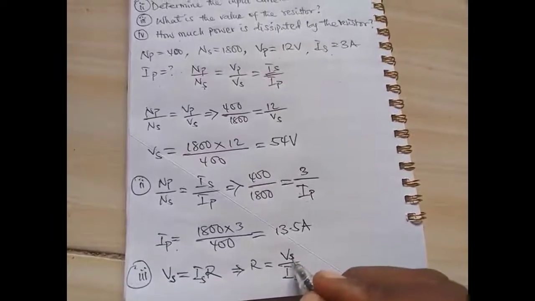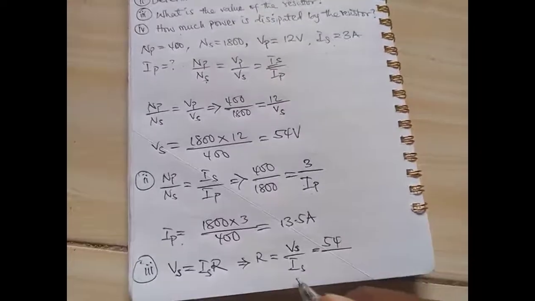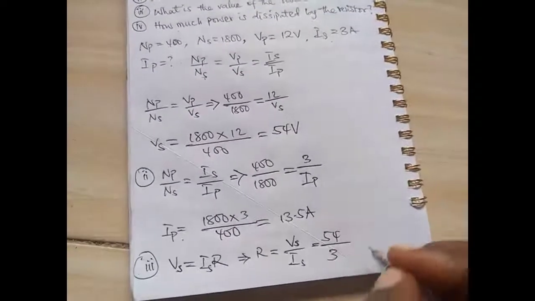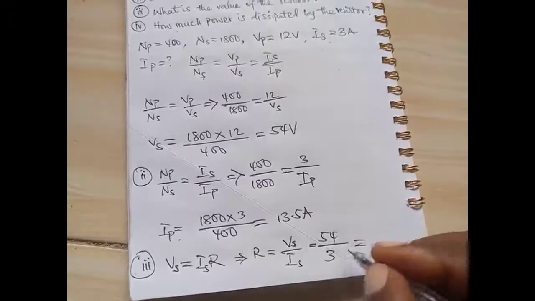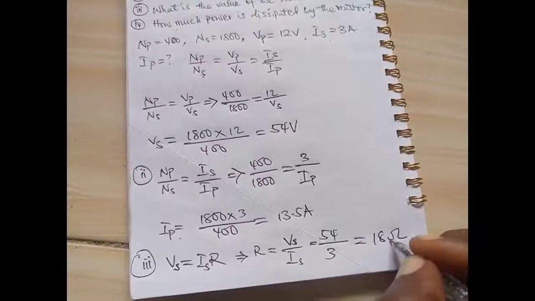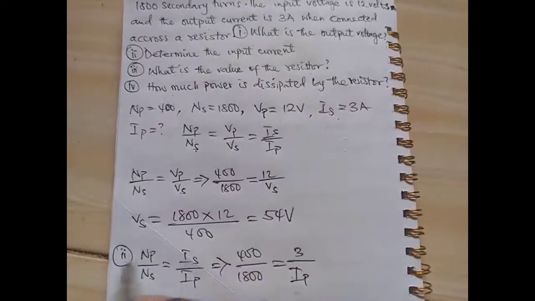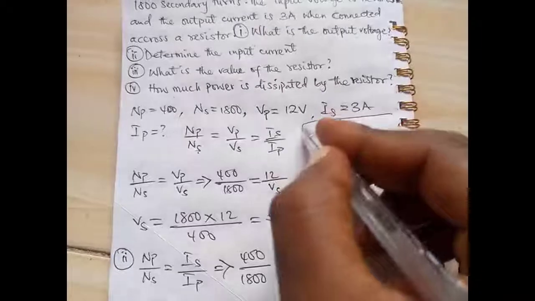And remember, our Vs is 54 and our Is is 3. So if we divide that, we're going to get about 18 ohm.